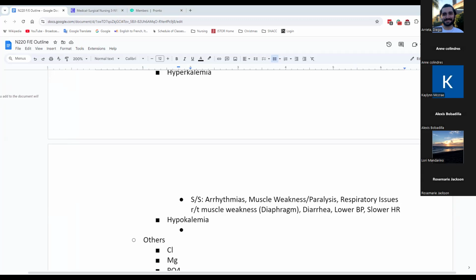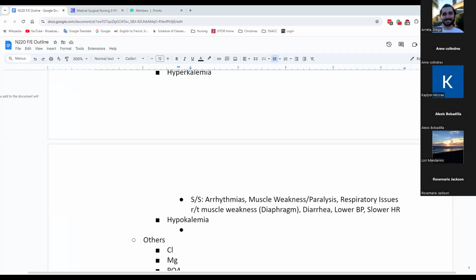Okay, what else did we mention? Just double checking to see if I missed anything that I wanted to go over. Abdominal cramping, blood pressure decrease.